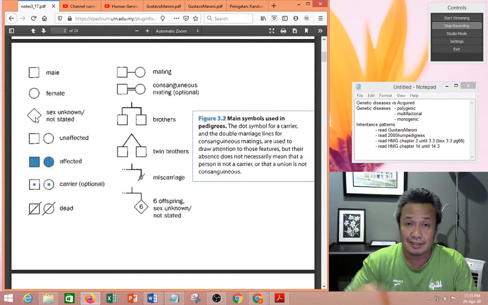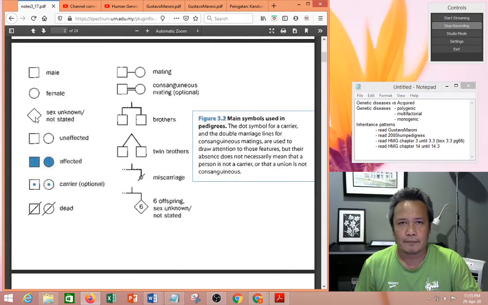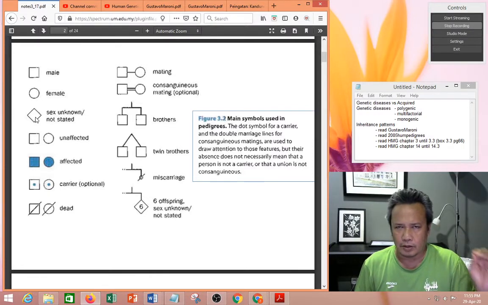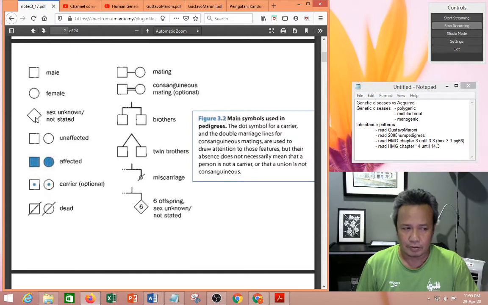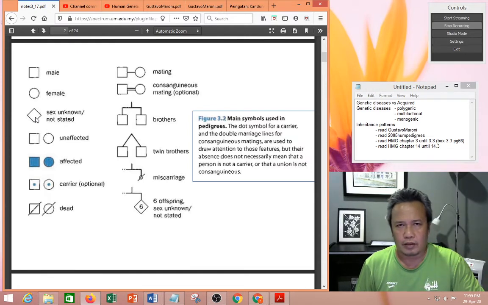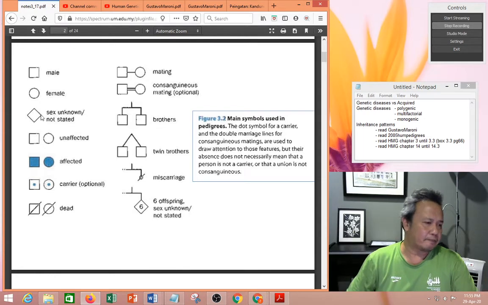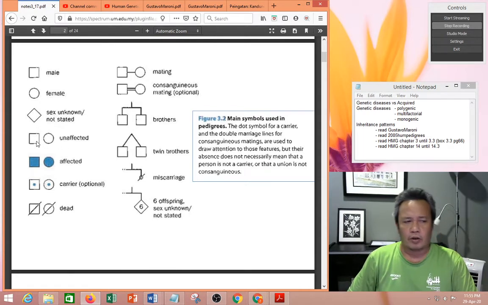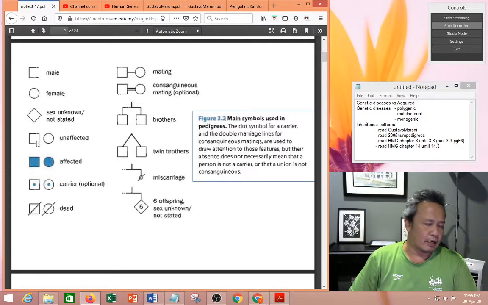This is when you have that. Sometimes you use that symbol for a pregnancy as well. You know it's going to have a child or was recently born, but you're not sure whether it's male or female. So that's when you use it, nothing to do with a disorder, to say that you cannot tell the sex. It is either filled or clear, or solid, or what was the term? But never mind, you know what I mean.